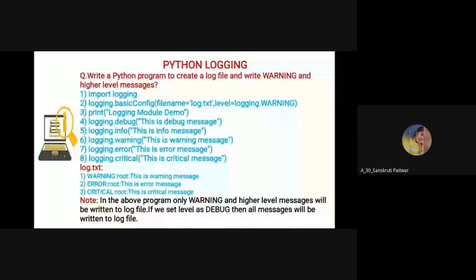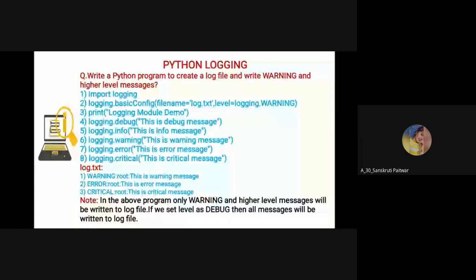Now you can see, write a Python program to create a log file and write warning and higher level messages. Then you can see import logging, logging.basicConfig, then filename log.txt, level equal to logging.WARNING, then print logging module demo, logging.debug, this is debug message, then logging.info, this is info message, then logging.warning, this is warning message, and the remaining, that is error and critical.